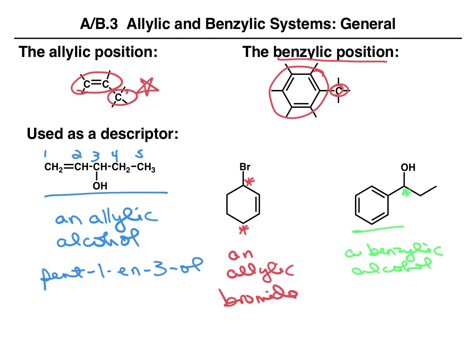And having a functional group at the allylic position is going to have some special reactivity. The same thing is true with a functional group at the benzylic position. Having the alcohol here makes it react differently than having the alcohol here, or connected to any other sp3 hybridized carbon. So in the next videos, we're going to see some examples of the special reactivity of functional groups in allylic or benzylic positions.